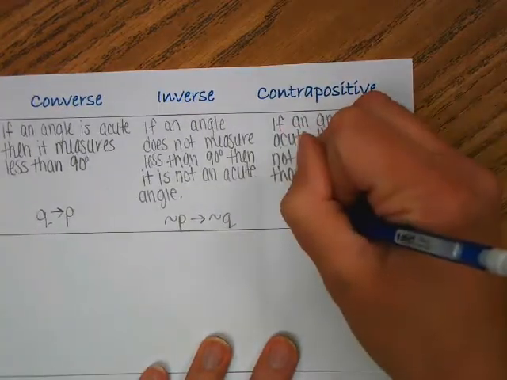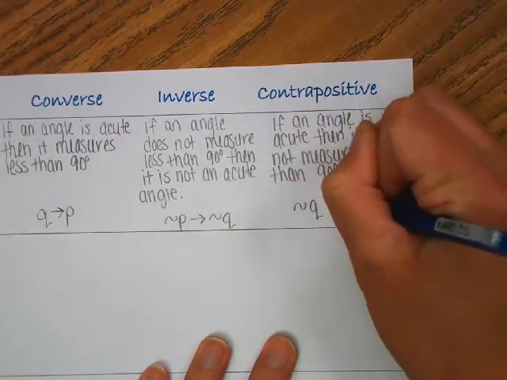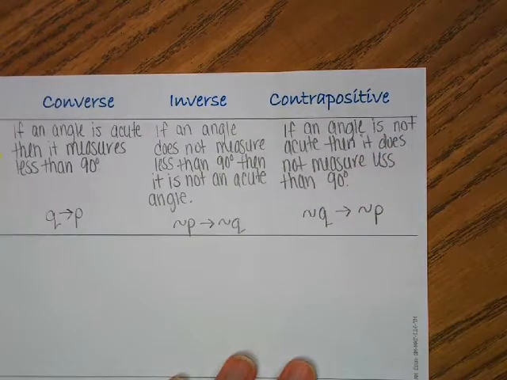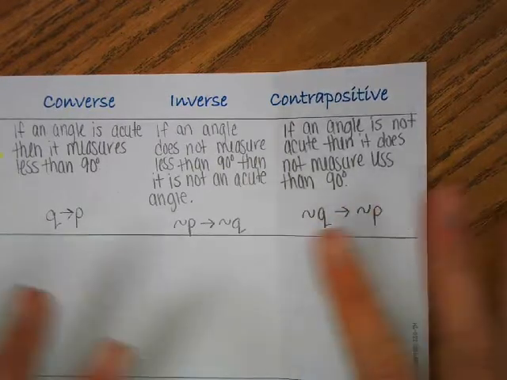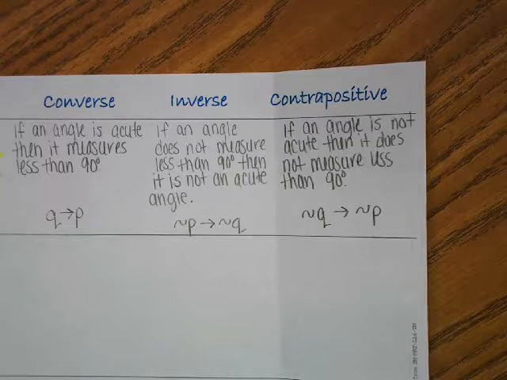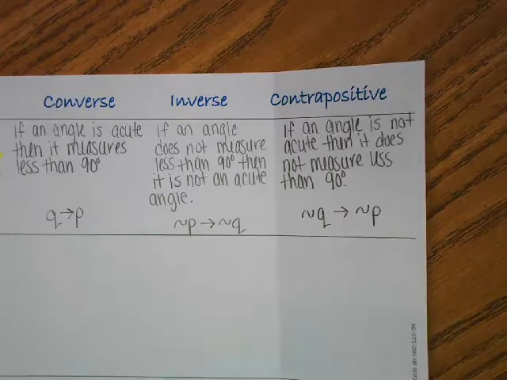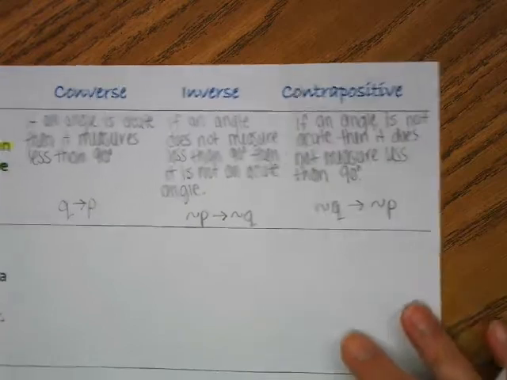And again, that's not Q, then not P. So this is what we're practicing, just making sure we can take a conditional statement and write a converse statement, inverse statement, and contrapositive statement. It's a lot of writing in this section.